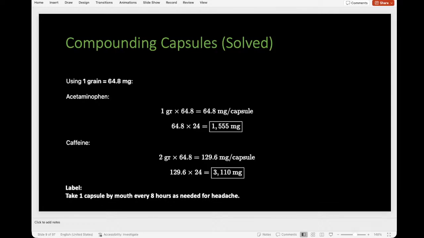Now, you saw lactose as QS, and you wouldn't be able to figure that out unless there was an actual total amount of the compounded medication. They have not provided that. They have only provided you acetaminophen and caffeine. So those are the only two calculations that you'd be performing to answer this question.